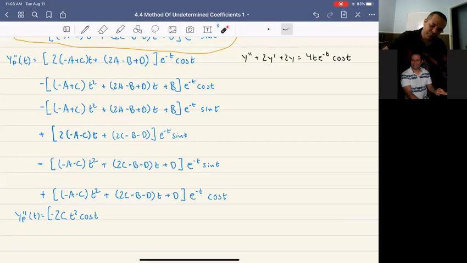Oh, minus c here. And a minus c here. Or plus c there. Minus c plus c, right? Because of this minus. So there's no t squared sine of t term. But just making sure. Good. Okay, so no t squared sine of t term.